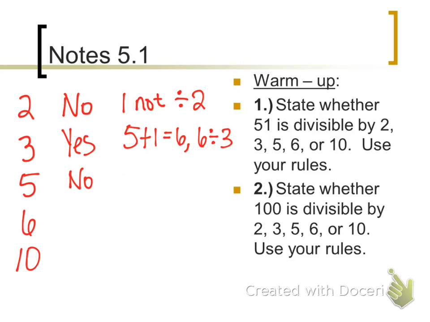A 0 or a 5. The ones digit is not a 0 or a 5. Okay, so therefore it cannot be divisible by 5.